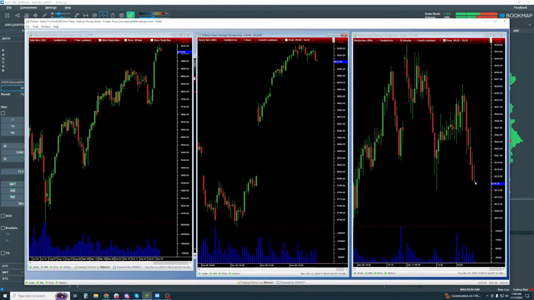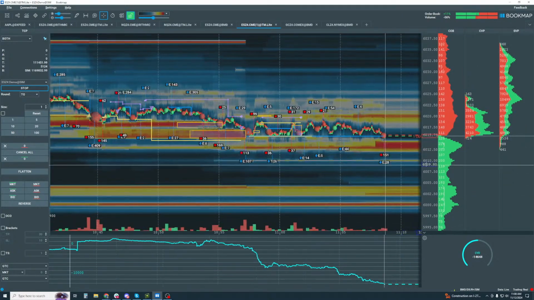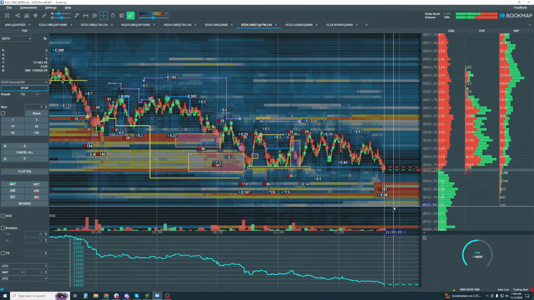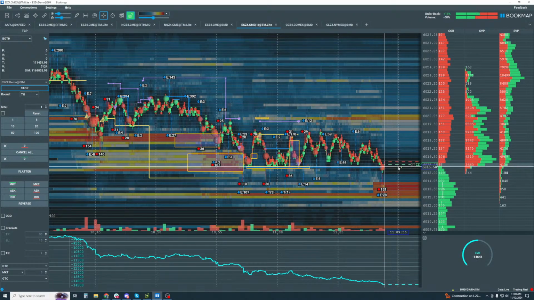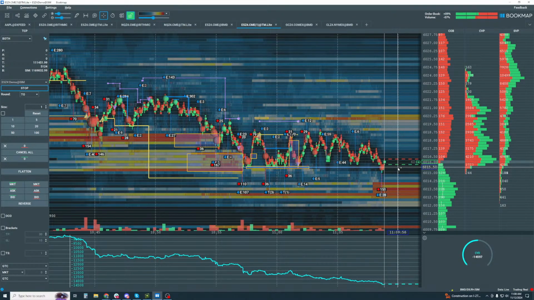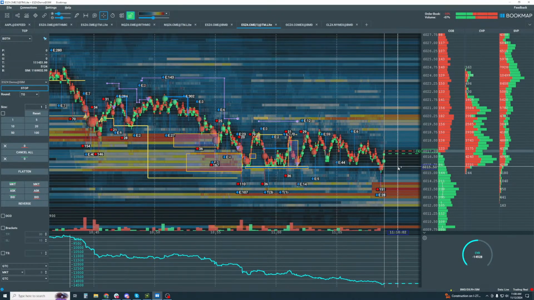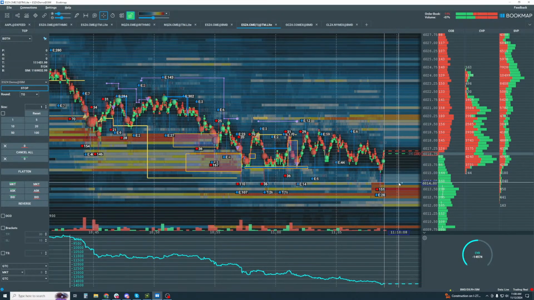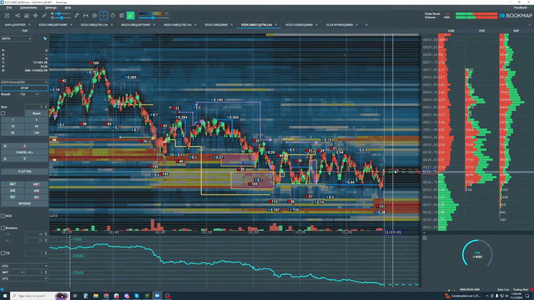Well, I'm seeing selling pressure again here, so yeah, I would look for it, according to the higher time frame.